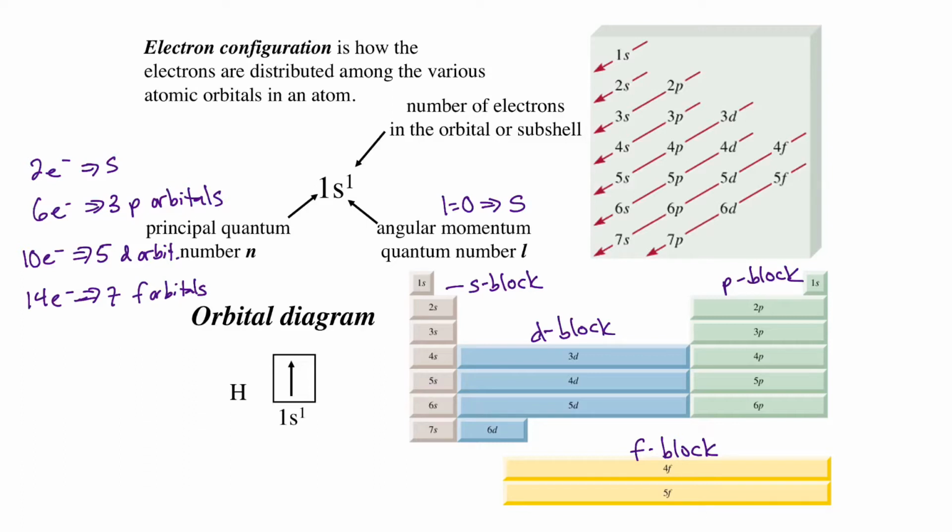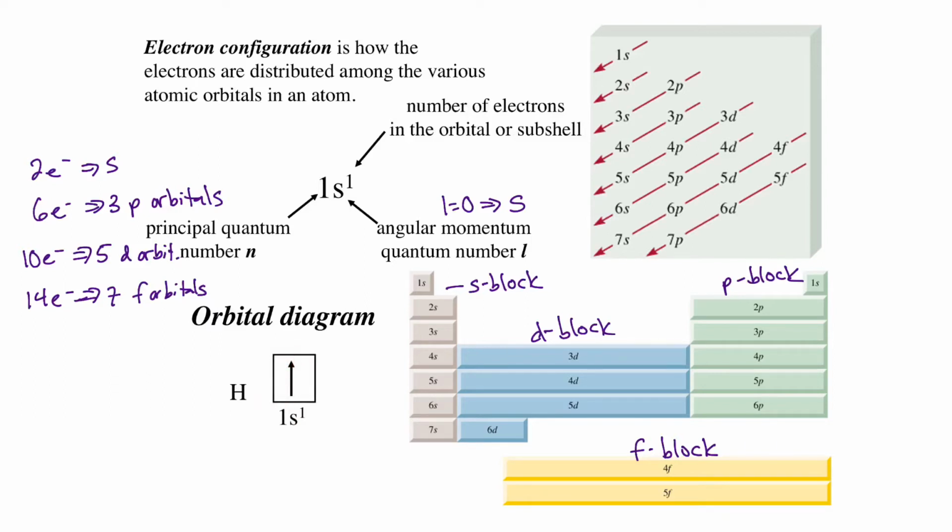All this is representing here is you have a box, or if you're lazy like me, I just draw a horizontal line at the bottom to represent an orbital. So each orbital gets a box or a line to represent it. Here we have a 1s orbital, so we have one box to represent that s orbital. And for hydrogen, we know that we have one electron in there, so we put an arrow in there to represent our hydrogen.